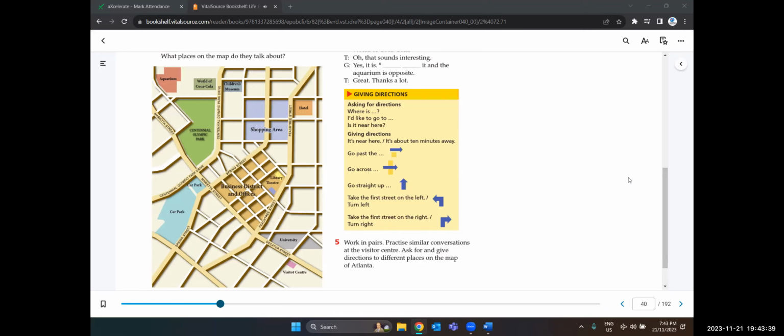Go across Spring Street and take the first street on the right. Centennial Olympic Park is on the corner. It's very nice. Go across the park, and on the right, there's the World of Coca-Cola. Oh, that sounds interesting. Yes, it is. Go past it, and the aquarium is opposite. Great. Thanks a lot.